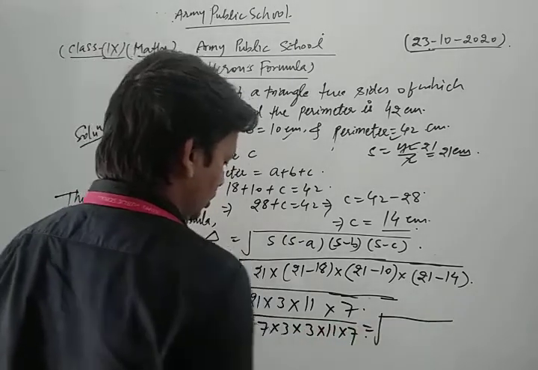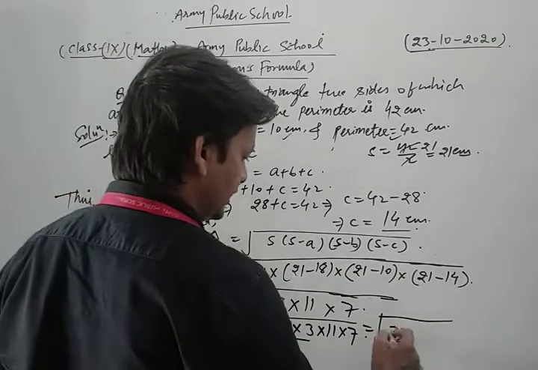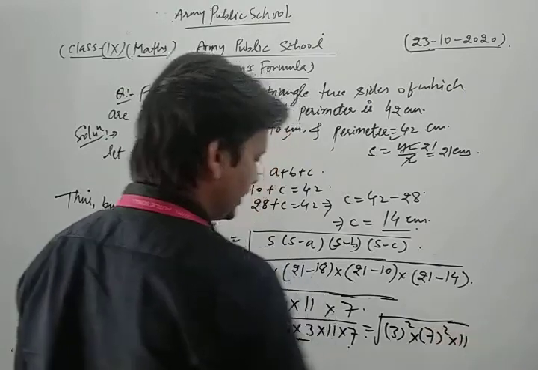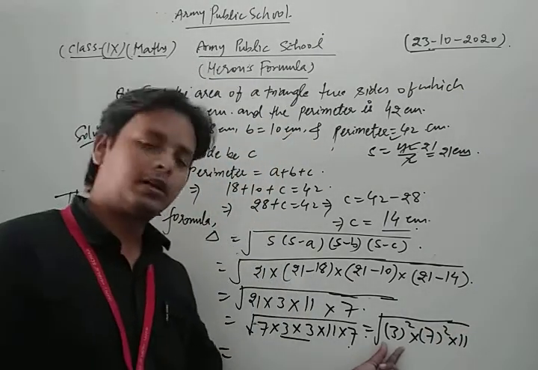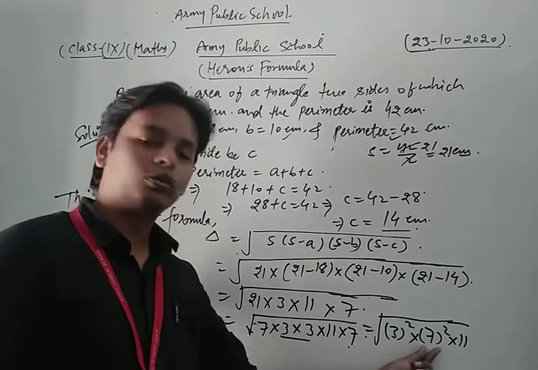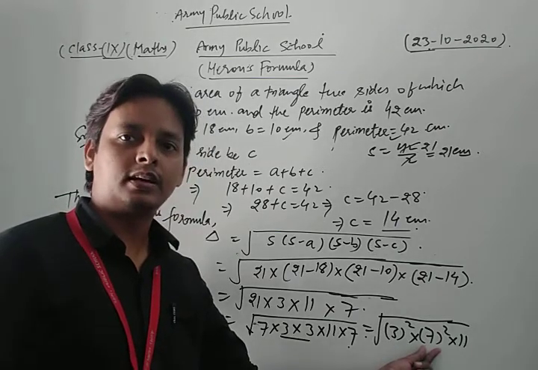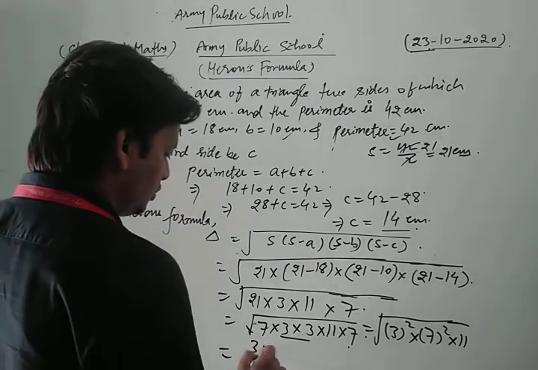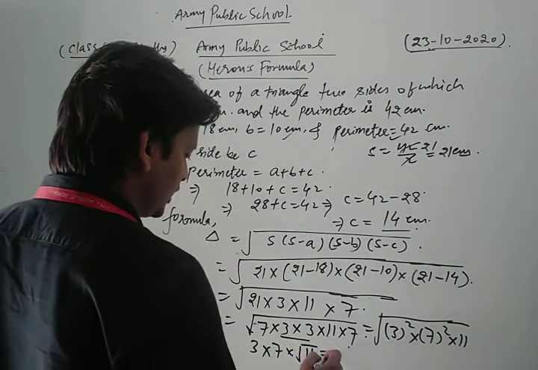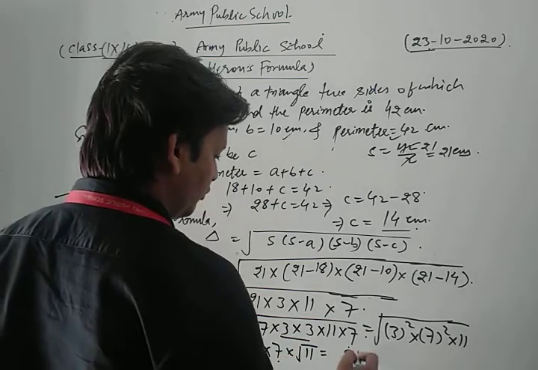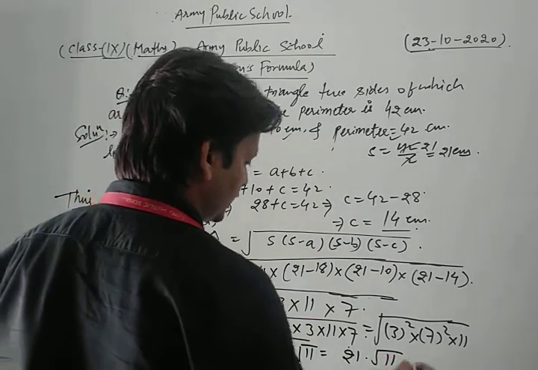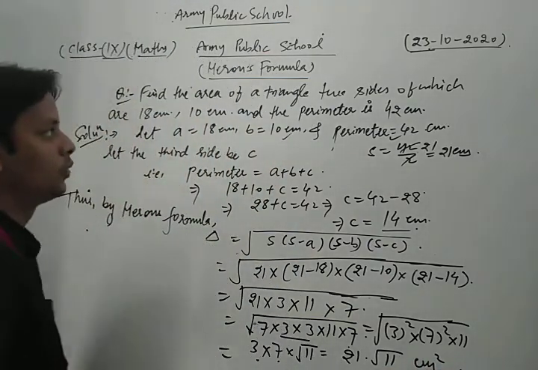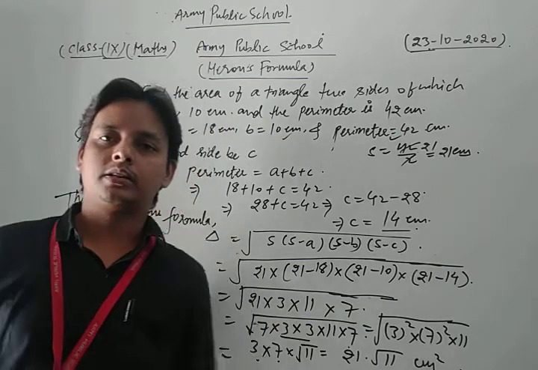Now look, 3 is in square, 7 is also in square, and we write 11 as it is. Here 3 and 7 come out from the root because they are squared, and 11 is left under the root. So we get 3 into 7 into under root 11, that is 21 under root 11 centimeter square. This is our required answer.